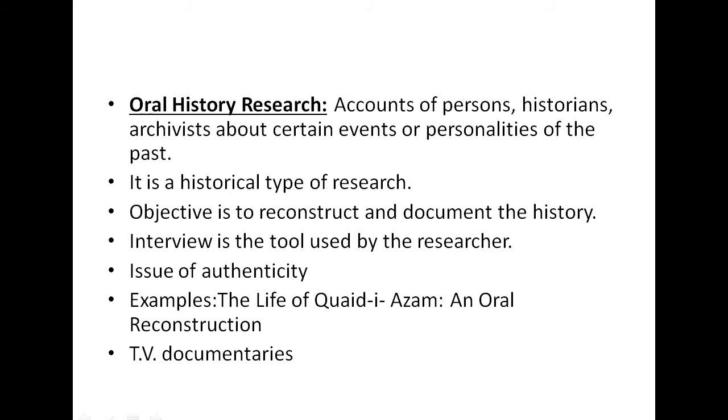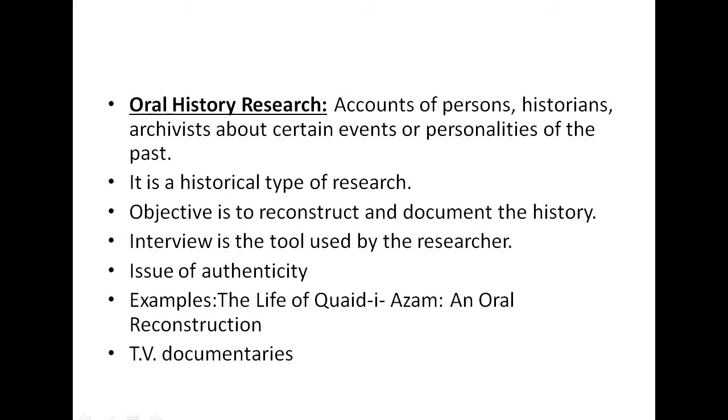So we will naturally go and visit such persons, and they may be historians, history writers, or they may be people who are interested in history, culture and archives, and we will try to know from these people about certain events or personalities of the past.